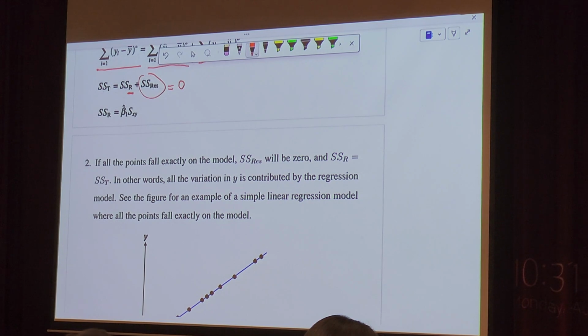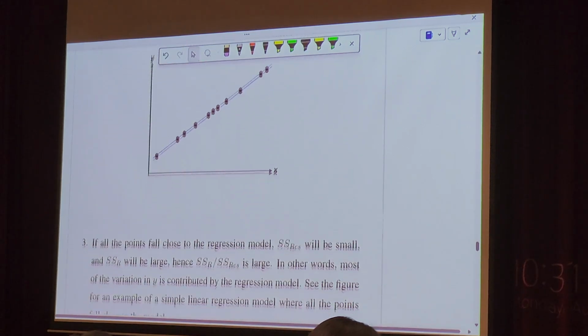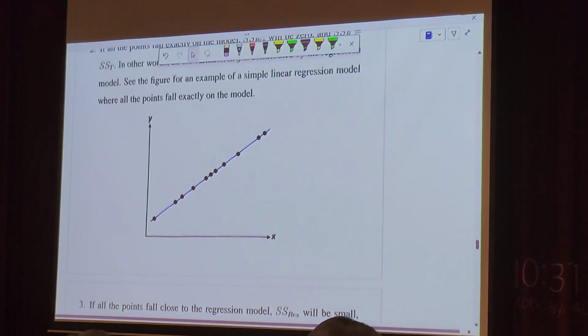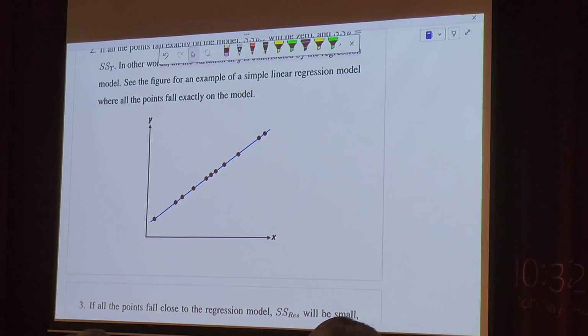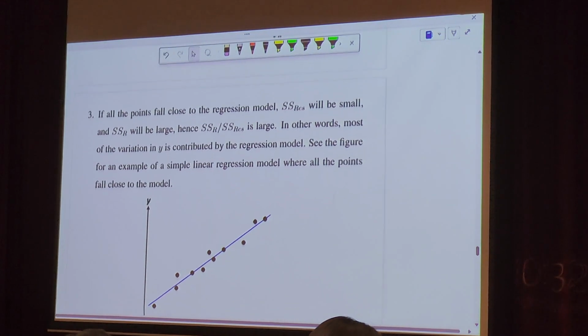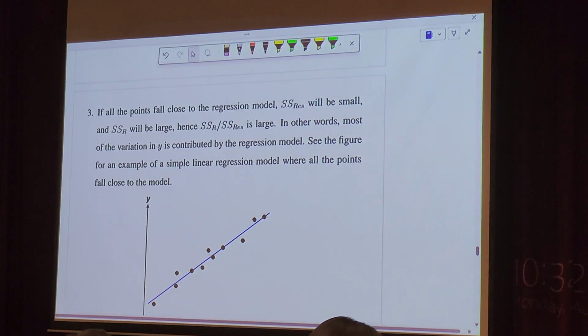It follows a perfect relationship. SS residue is 0. So the regression line explains why there is such a variation. Now let's look at the second case. Case 1 probably will not appear in practice because you are not going to find a data set where the points fall on a line perfectly. It's only in the world of mathematics you can do it.